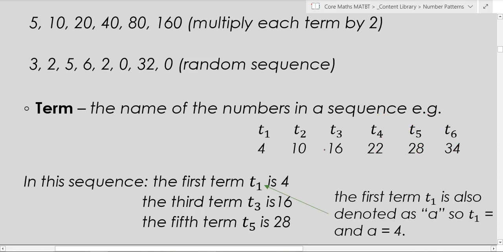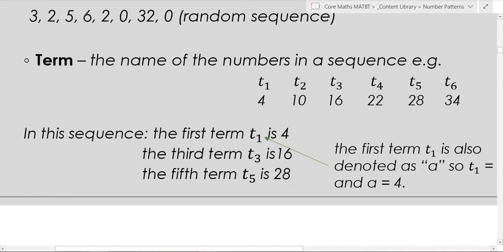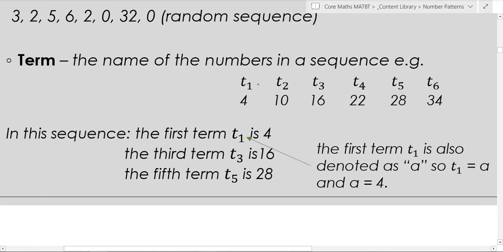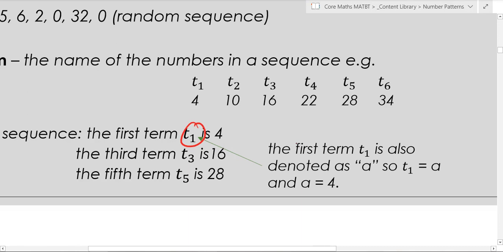In this sequence, we can see T1 is the number 4, the third term, T3, is 16, and the fifth term, T5, is 28.